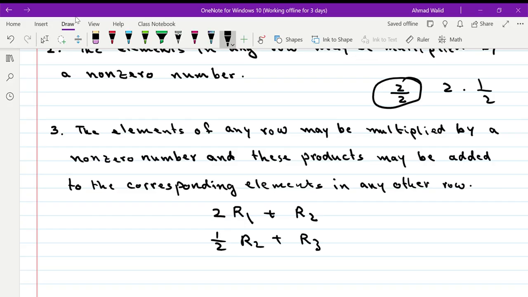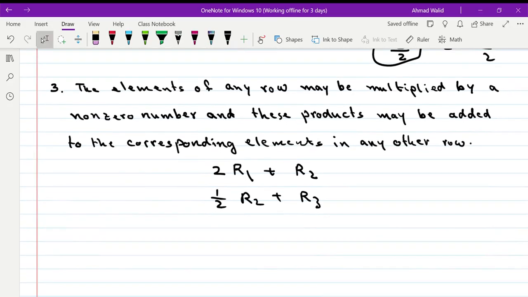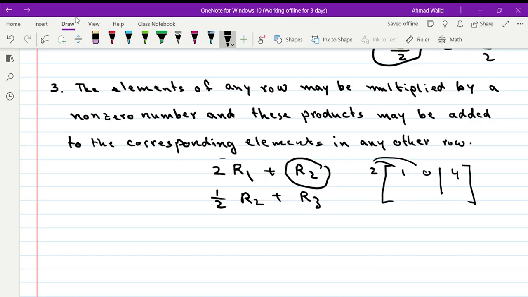But remember one thing. When you multiply a number to row 1, for example 2 in row 1, and you add it in row 2, the numbers in row 1 are not changing. The result comes in row 2. For example, you multiply row 1 by 2 in all of them, but you add it in row 2. The change comes in row 2, right?